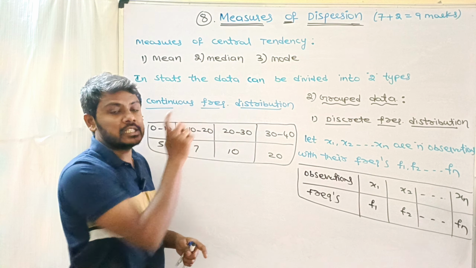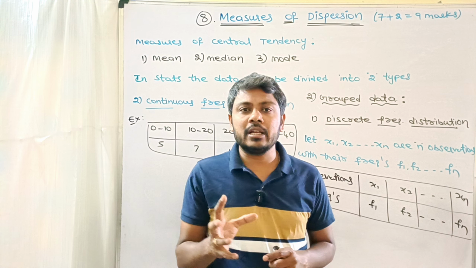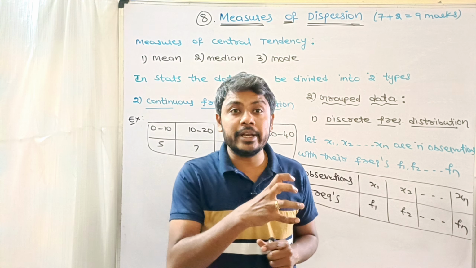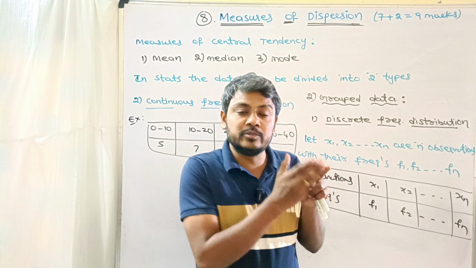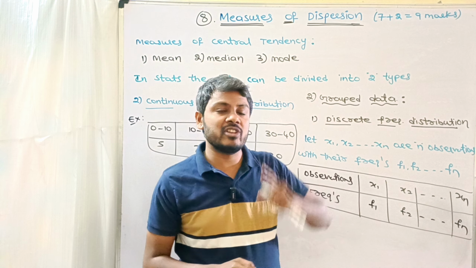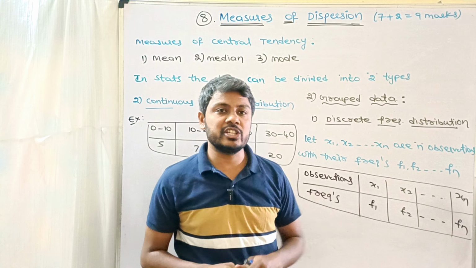If any question is given, first we have to find whether the given data is ungrouped or grouped. For ungrouped data, the given data contains individual points. For grouped data, if it contains observations and frequencies, that is called discrete frequency distribution. And second, if it contains class intervals, that is called continuous frequency distribution.